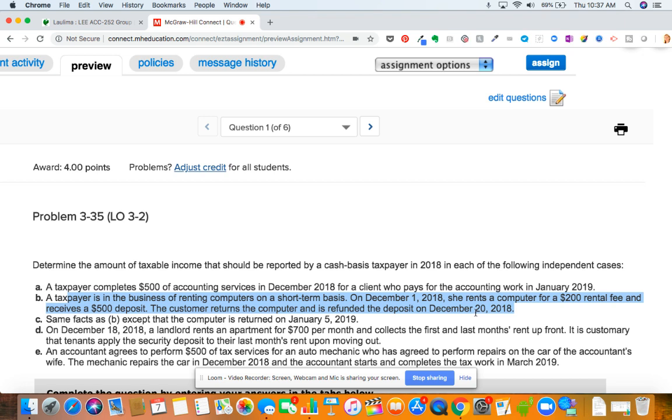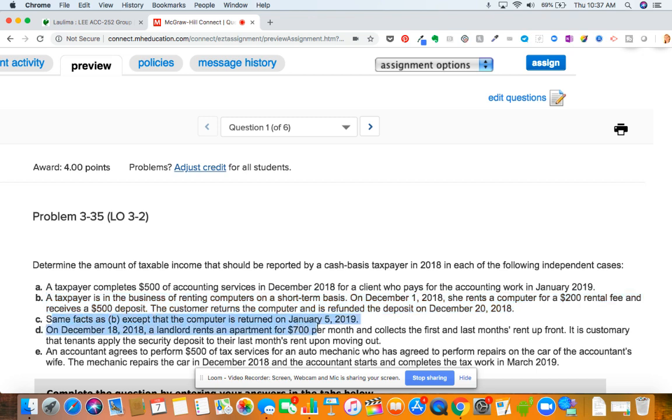She pays a rental fee and a deposit and then gets the deposit back. What is income to that business? The fees. The deposit is not recorded as income because it's going to be returned to the customer, and the business owner has to keep that deposit ready to be returned. So $200, the rental fee, is the income for 2018.